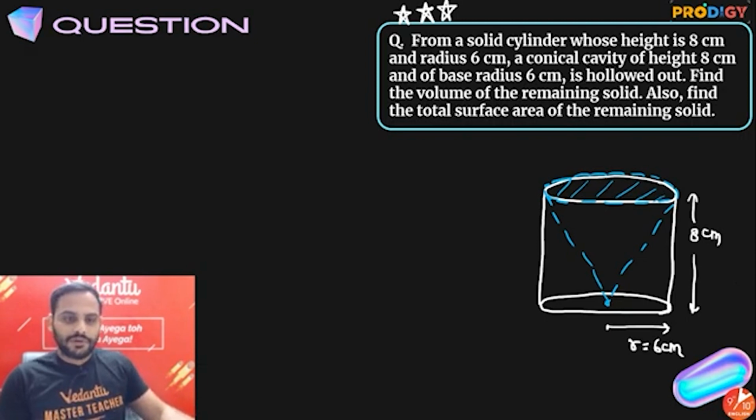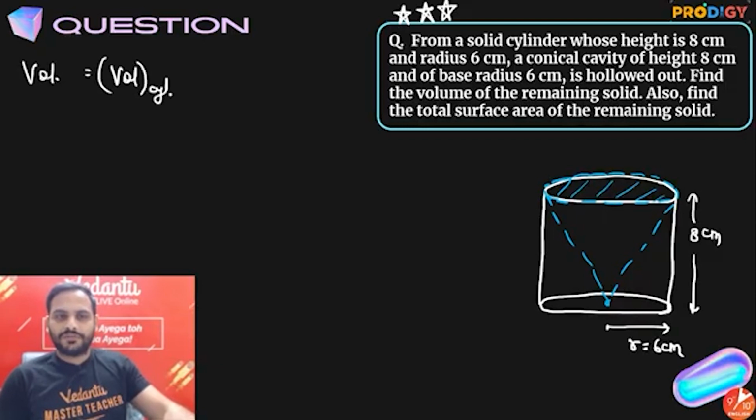So if I talk about the volume, guys, volume is very easy. If you remove something, subtract the volume. So the volume of this solid will be the volume of the cylinder minus the volume of the cone, because from the cylinder you have removed the cone.